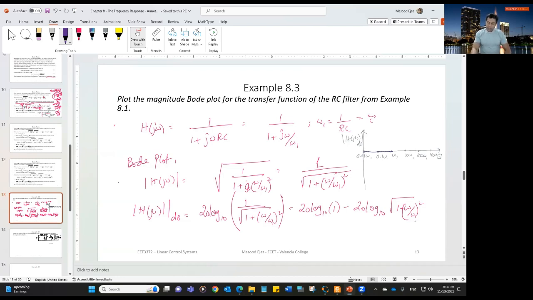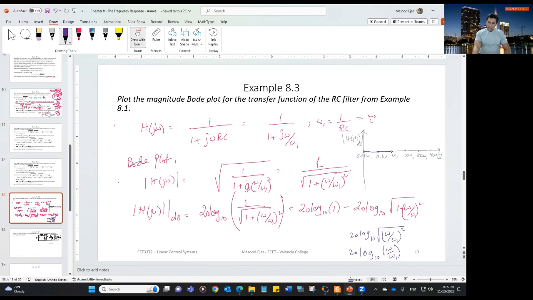As omega starts increasing beyond omega 1, we will ignore 1. Then you will have 20 log 10 of square root of omega over omega 1 squared. So square and square root will cancel each other, and simply you will have omega over omega 1, with the negative sign, of course.